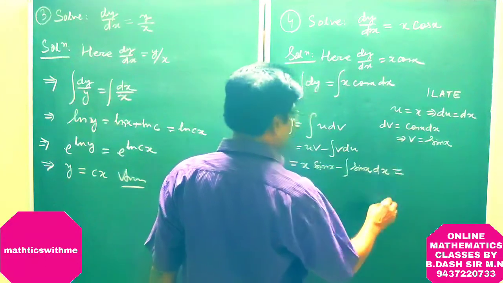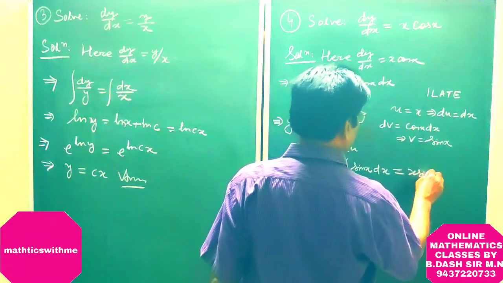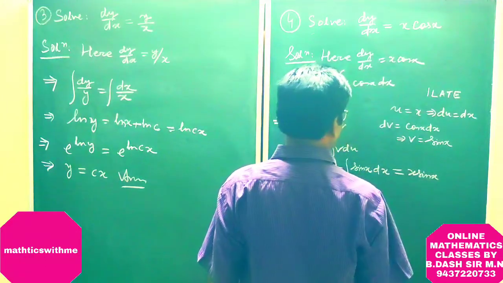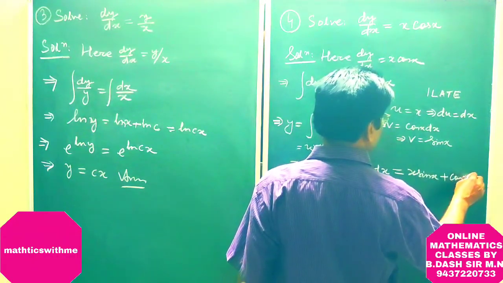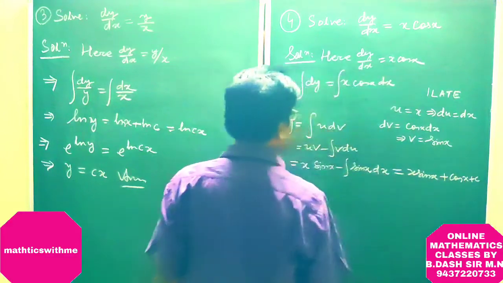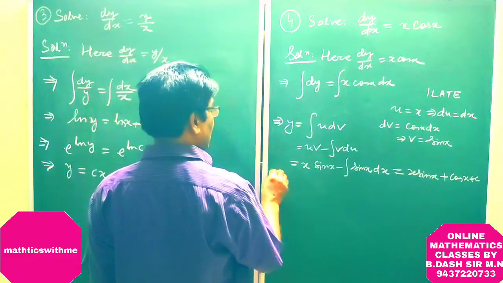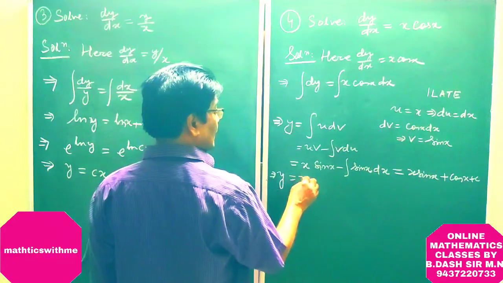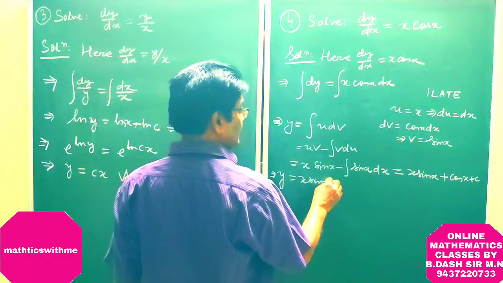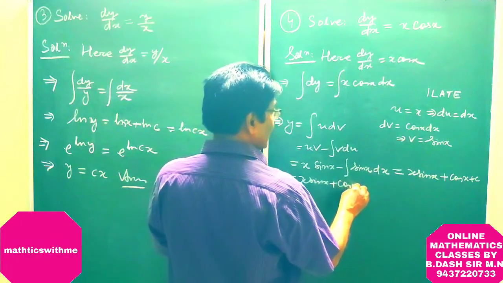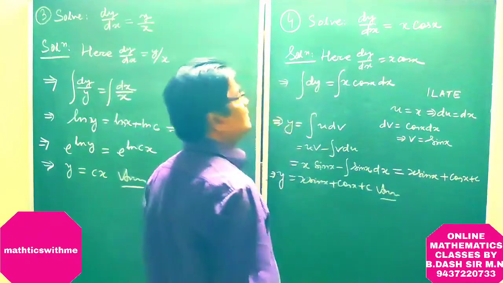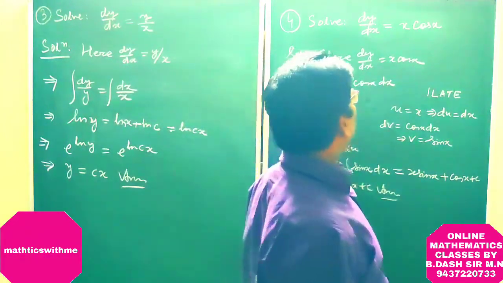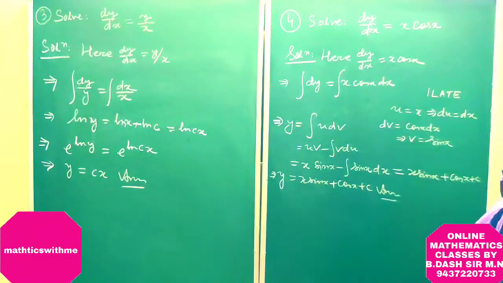So this is equal to x sin x, and integration of sin x is minus cos x, so minus minus cos x, that is plus cos x, plus c. So we get y is equal to x sin x plus cos x plus c. Answer.